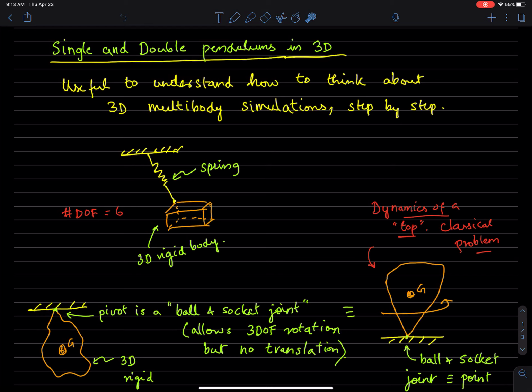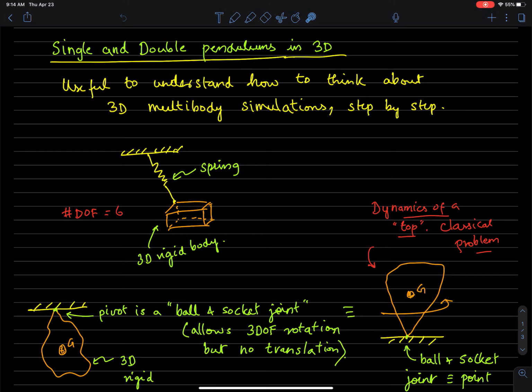In the previous lectures, we examined the dynamics of a single rigid body with no external forces. In this short video, let us just consider a few different configurations of single and double pendulums, but now in 3D and now consisting of 3D rigid body objects. Obviously, we've simulated single, double, multiple pendulums in 2D, but let's see how we would do something like that in 3D.